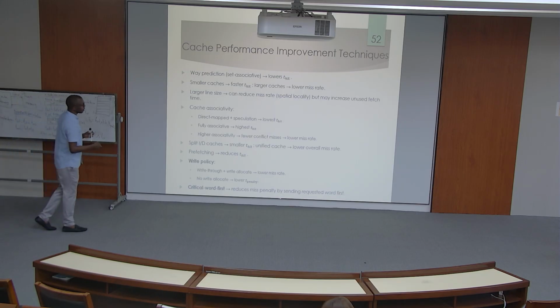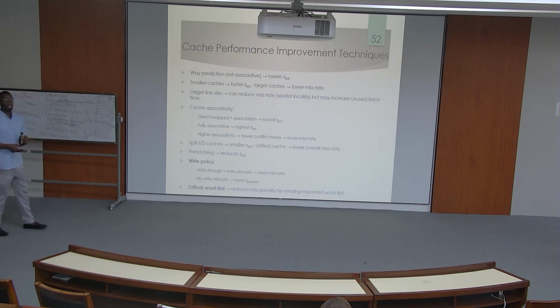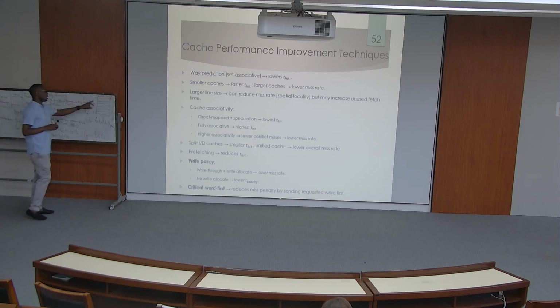Now, for fully associative, we know that a block from the main memory can be loaded into any cache line. So here we have higher associativity. With the direct map cache technique, a block from the main memory needs to be loaded into a specific cache line by taking the block number mod the number of cache lines.